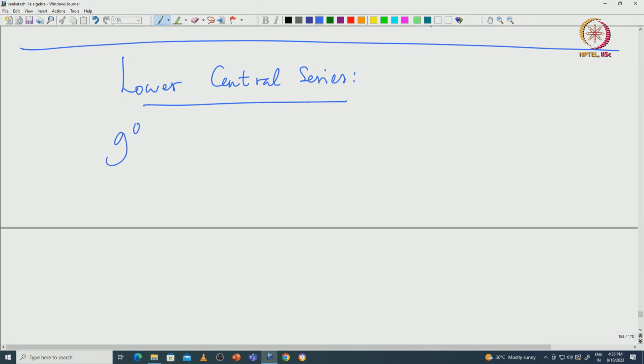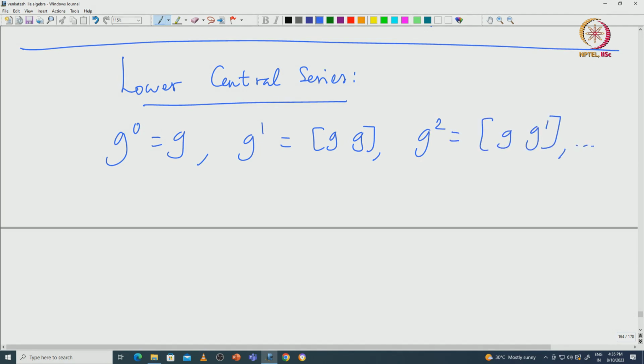You start with G^0 to be G, and then G^1 to be the bracket [G, G], and then G^2 to be the bracket of G with G^1, and so on. Once G^n is defined, G^(n+1) is just the bracket of G with G^n. Okay. So, that will be called the lower central series.